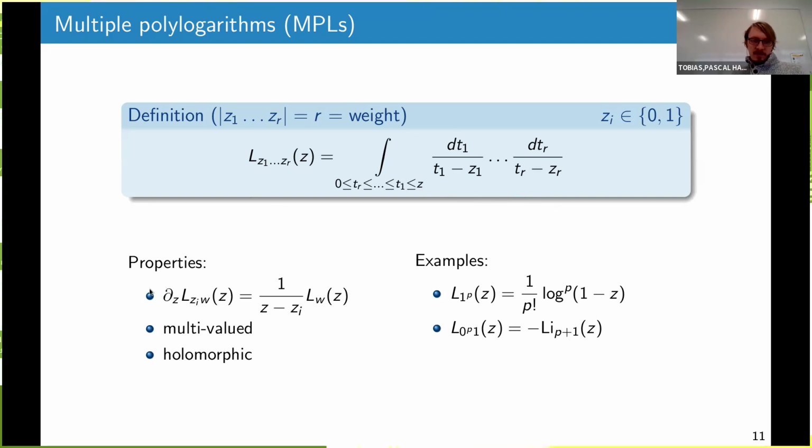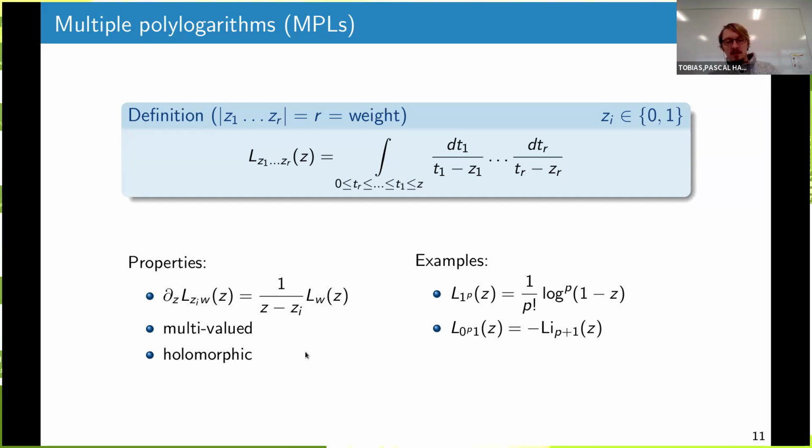Due to that definition, they satisfy this differential relation. So if we take a derivative in z, where W stands for a generic word of letters, we remove the leftmost letter and write a pole term instead.